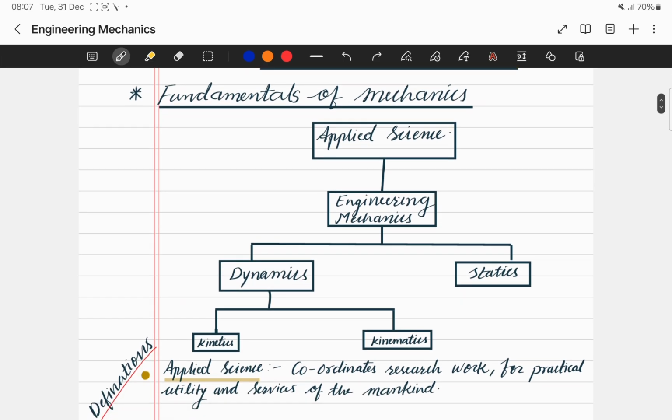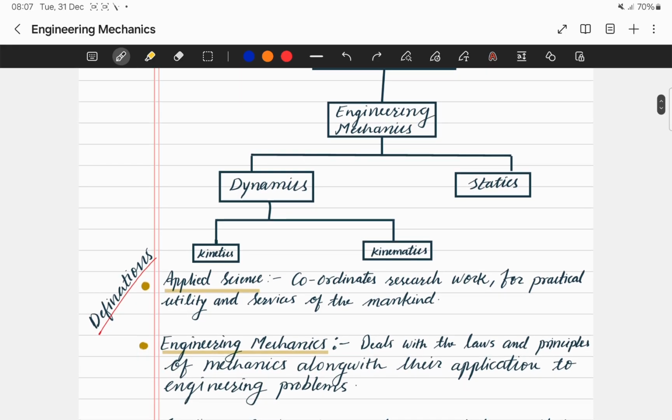So it becomes engineering mechanics. Engineering mechanics is a branch of applied science, and it is subdivided into two parts, one is statics and another is dynamics. Statics means a body which is at rest and forces are acting on it.